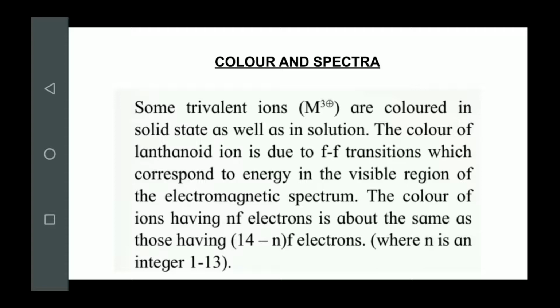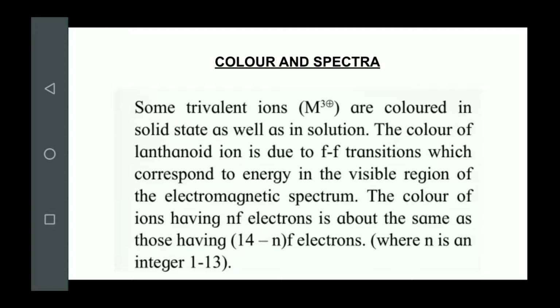What is meant by this? Suppose there is a lanthanoid atom with nf electrons. Suppose in the f orbital it has 2 electrons. So we'll say nf electrons. If the f orbital contains n electrons, it will have a particular color X. And there is another atom in which, if you subtract that 2 from 14, how many electrons will you have? 14 minus n, you will have 12 electrons.